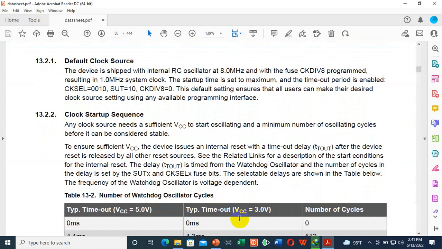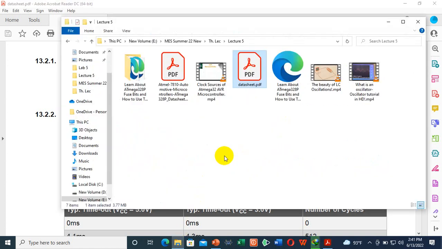Default clock source. If you don't make any other change and just get the hardware and work with it, that's the default option. The device is shipped with the internal RC oscillator at 8 MHz, and with the fuse clock division 8 programmed. Let me show you this register where you set or reset the clock.